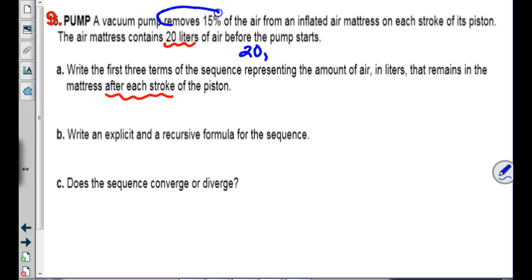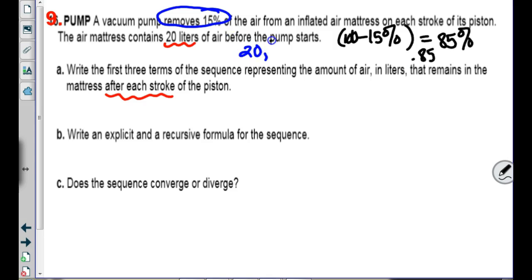Okay, what is removes 15% though? This is a huge issue that we got to be good at. Do you remember when we were doing exponential growth and decay? What are we multiplying here if it's removing 15%? Okay, but 1 minus, or all minus 15% is what? 85% or 0.85, or is this coming back to you guys?